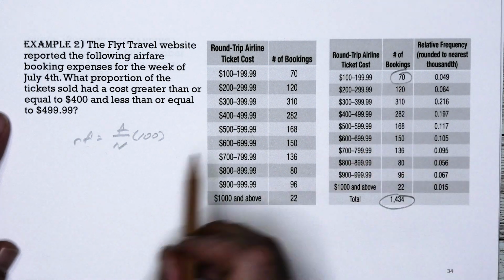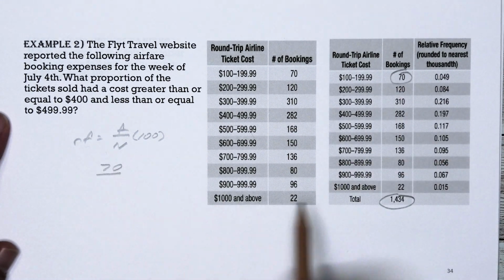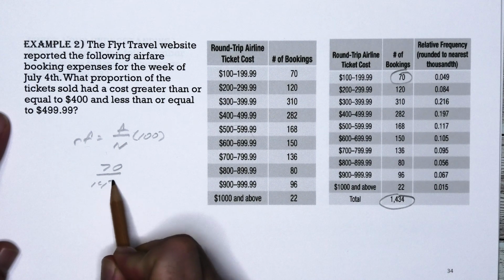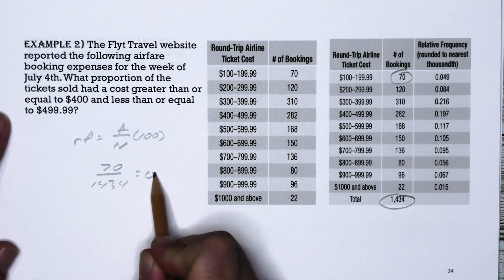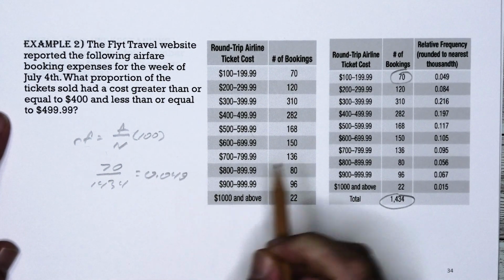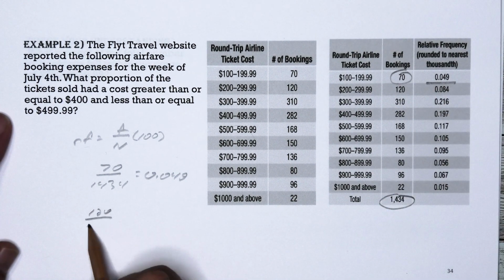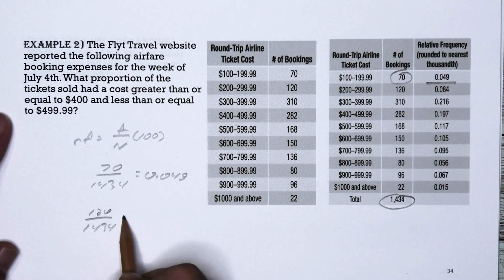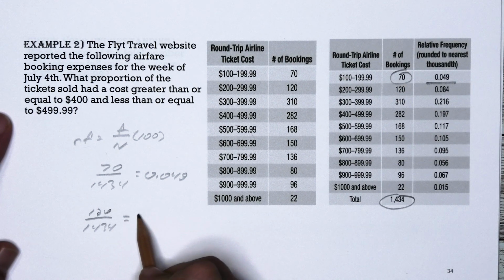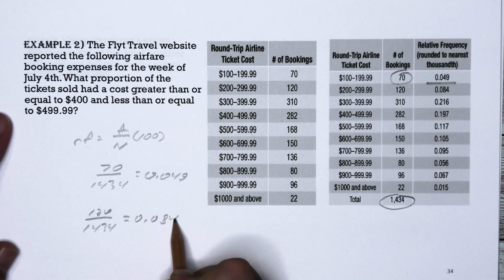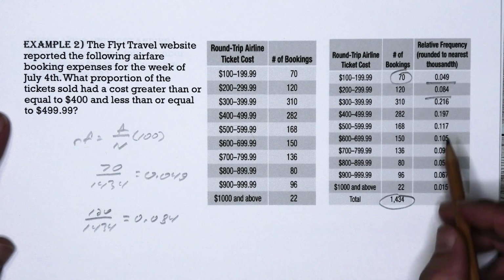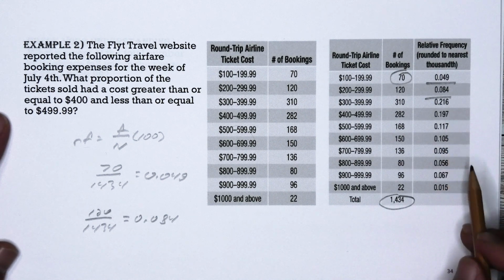So F being 70 and N being 1,434 will give us 0.049. And 120 divided by 1,434 will give us 0.084. We would continue this with all of them all the way down.